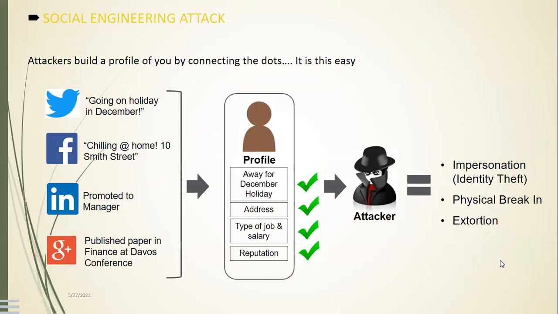So this is a process of how a social engineering attack is performed. Basically, the attacker builds a profile of you by connecting the dots. They collect all the information about you from any online source they can, Instagram, Facebook, LinkedIn, and then they create a profile about you. So they know everything about you.